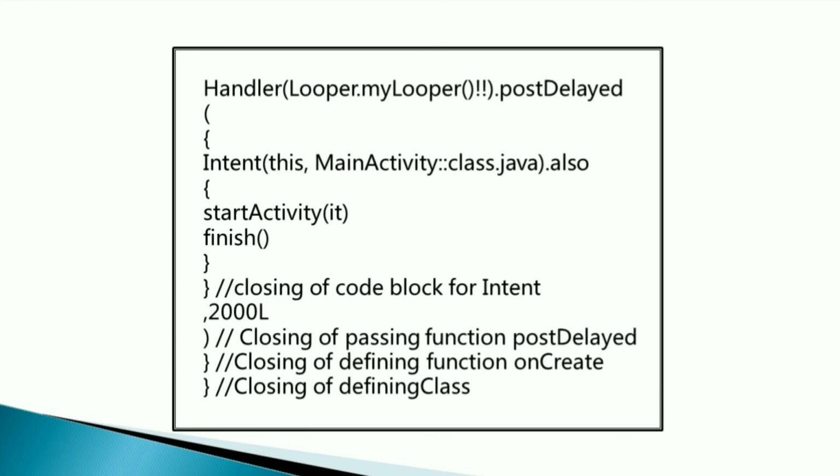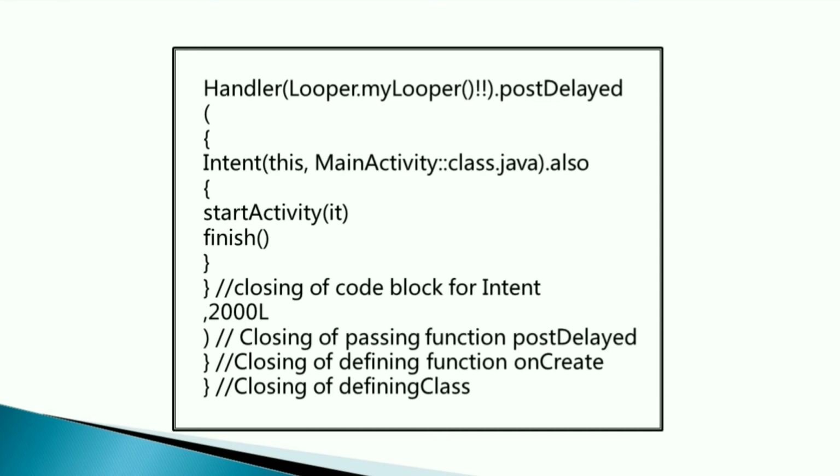Next, we are calling finish method of Activity class. As seen earlier, Activity class is superclass of AppCompatActivity. finish() can be called to kill or destroy an activity instance. finish() calls the onDestroy() method right away on the activity.